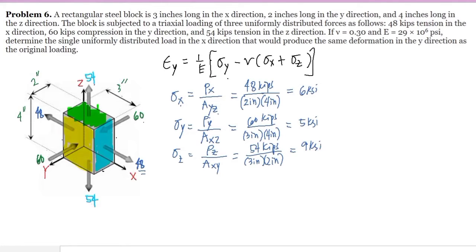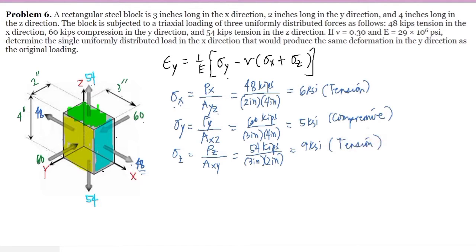Now we are going to consider the signs. Since the stress in X is tension, this is positive, and the stress in Y is compression, so this would be negative, and the stress in Z is tension, so we have a positive value.